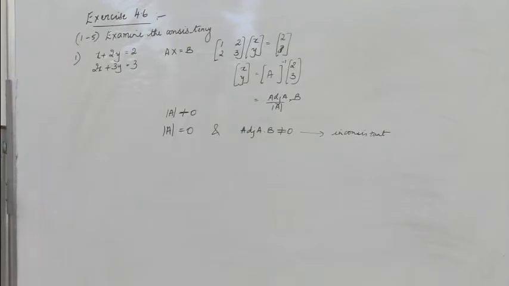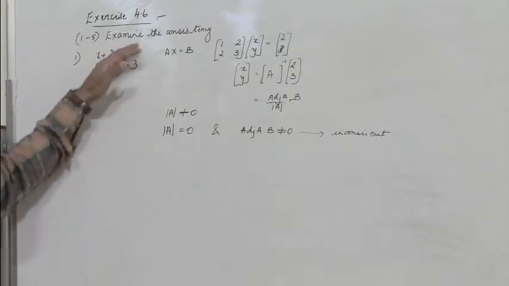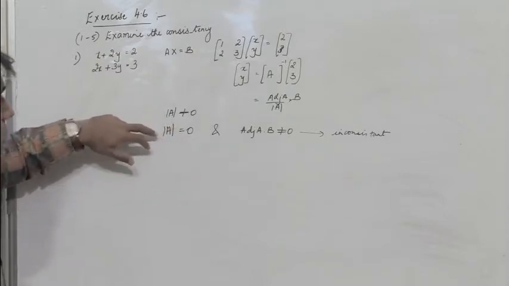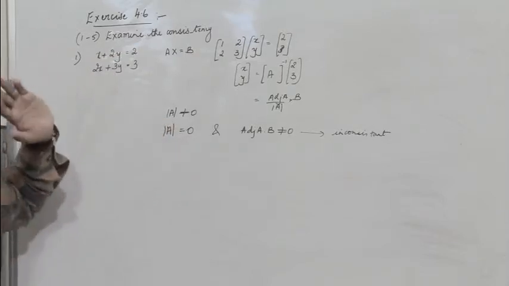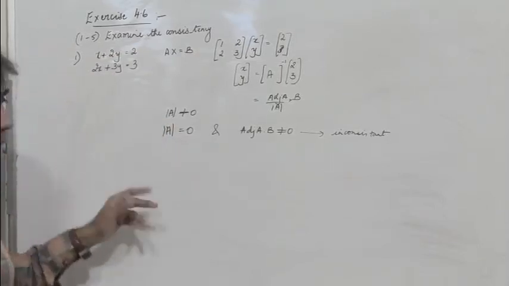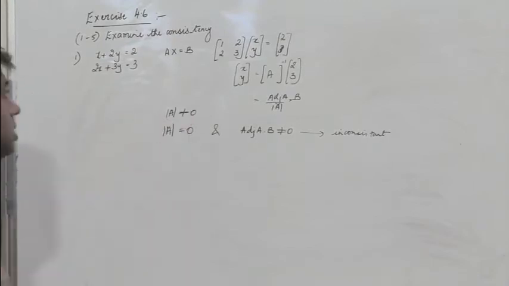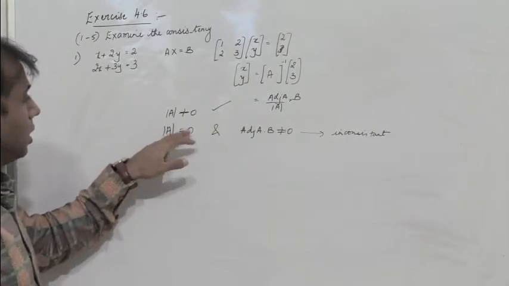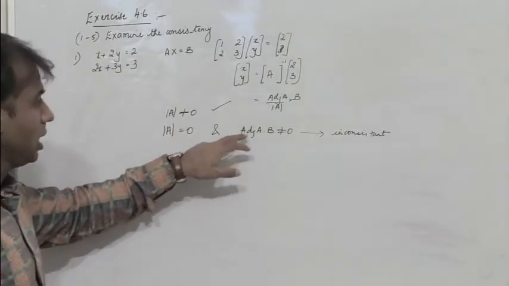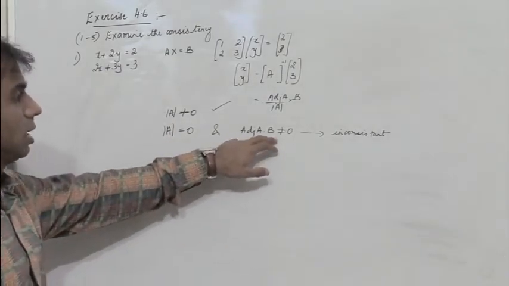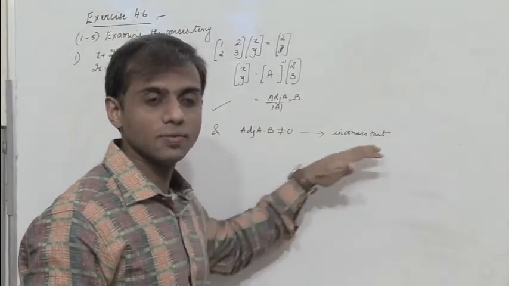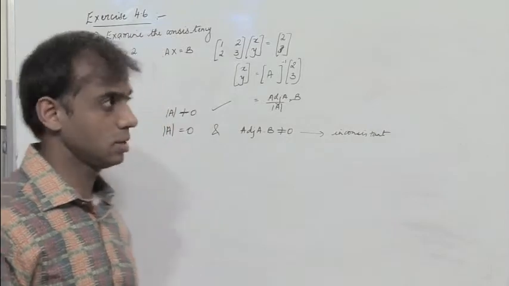So since problem 1 to 5, here we just need to examine the consistency. We need to check if determinant A is equal to 0 or is not equal to 0 here. If it is not equal to 0, I say that it is consistent. If it is equal to 0, then I check if adjoint A into B is not equal to 0, then if these two conditions are satisfied, then the system is inconsistent.